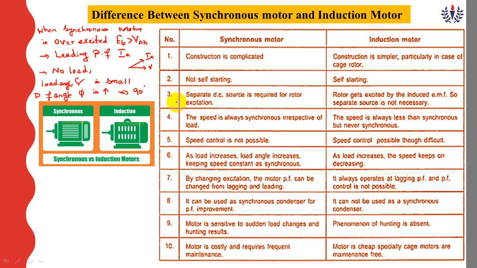Cos phi corresponds to 90 degrees, and the motor runs with almost zero leading power factor. During this time, since it is leading, it behaves like a normal capacitor, which takes this leading power factor current.